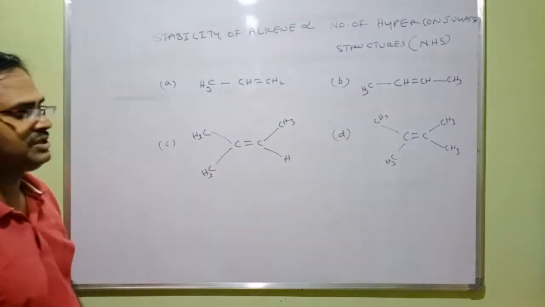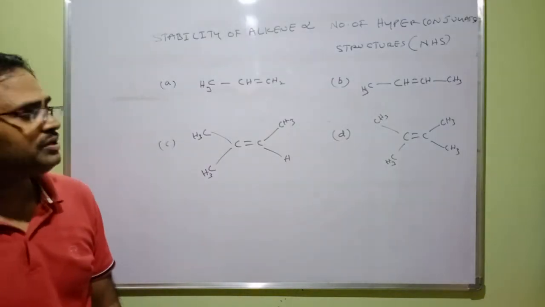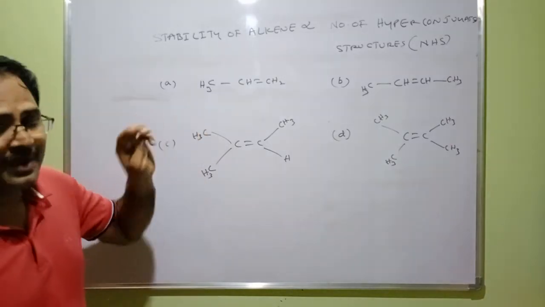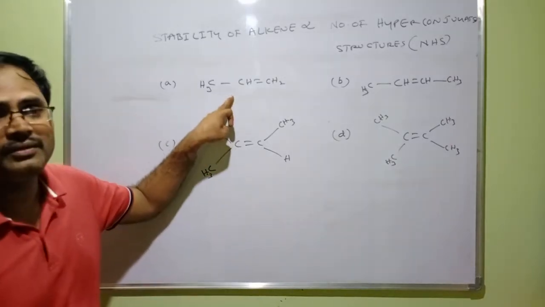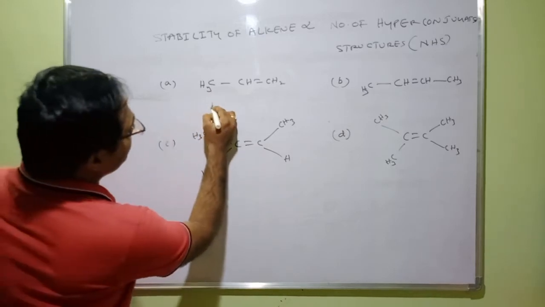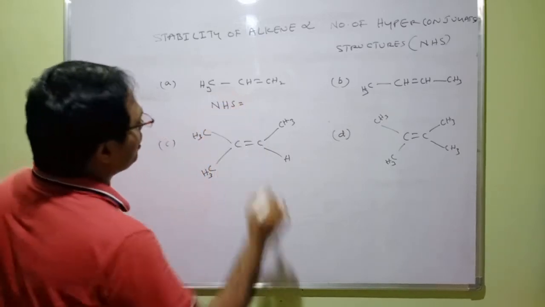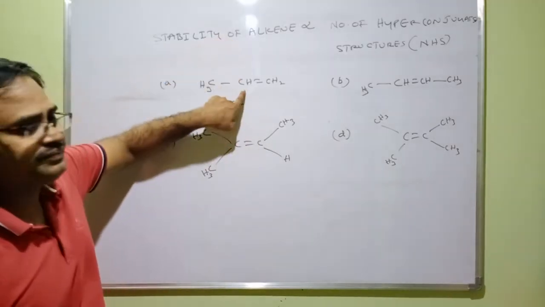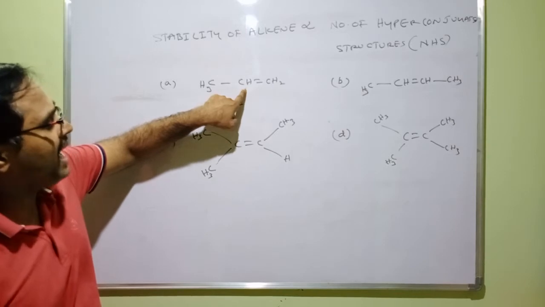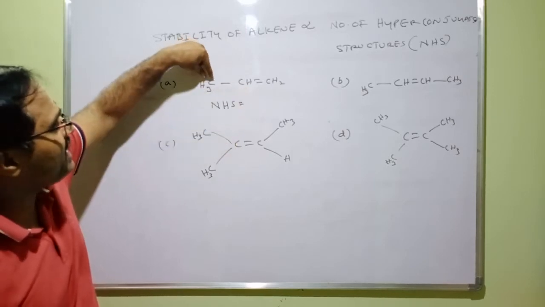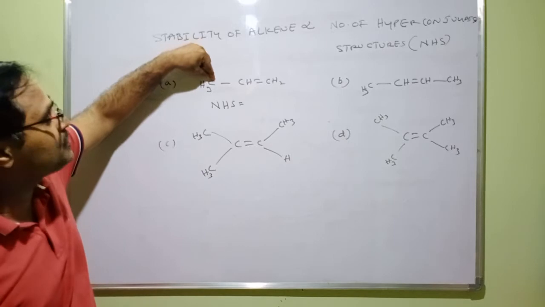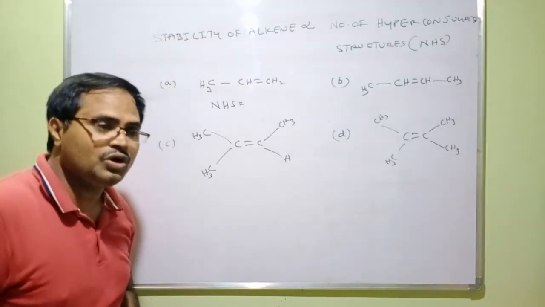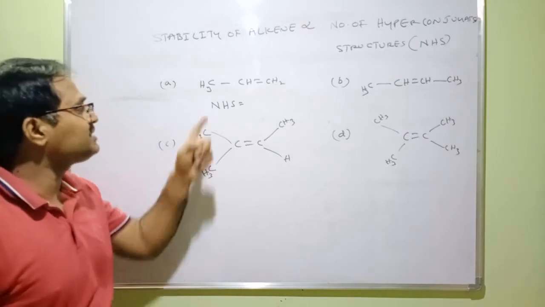Number of hyperconjugated structures, NHS. Understood? So let us see here. Just now we have seen the number of hyperconjugated structures for propene. There is an sp2 carbon, and immediately after the sp2 carbon you should have an sp3 carbon, and at the sp3 carbon you should have hydrogen. The number of hyperconjugated structures equals the number of CH bonds at the sp3 carbon.